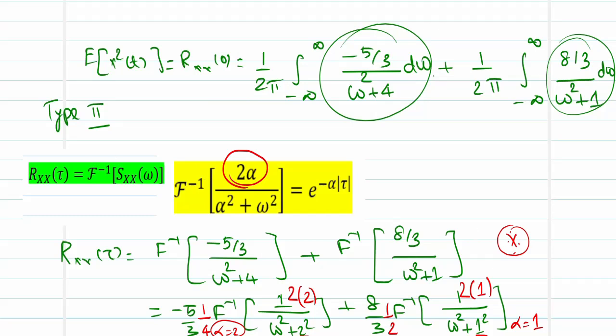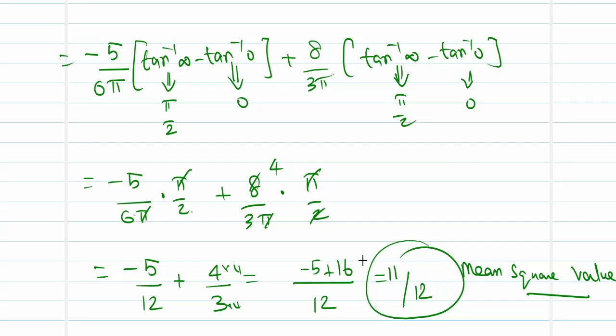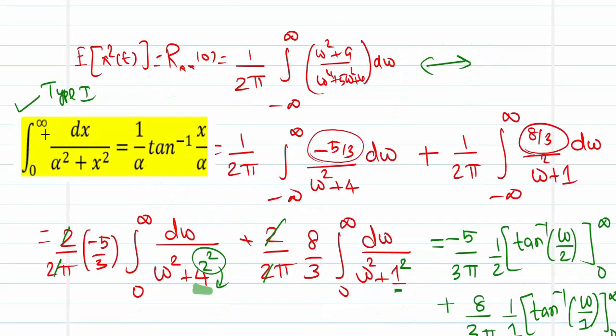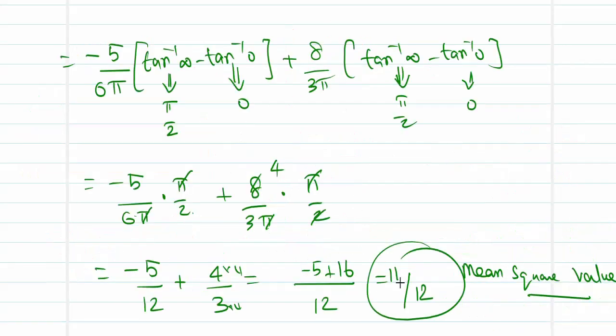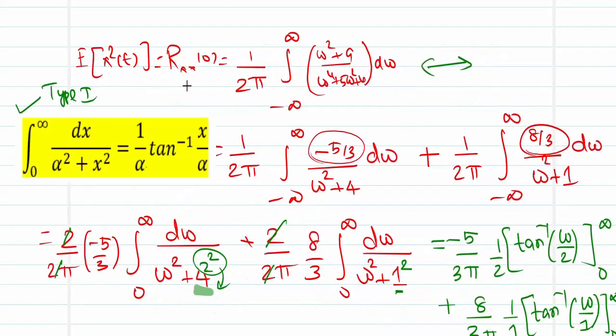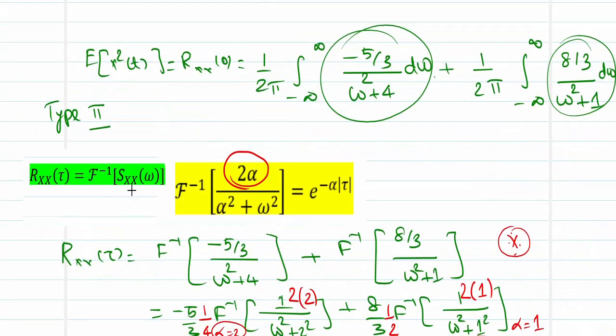And we can see that what we had as the answer using the integration formula, that is type 1, was also the same 11 by 12. Over here directly you had Rxx of 0 when you used integration, but when you use the inverse formula you will be getting only Rxx of tau.